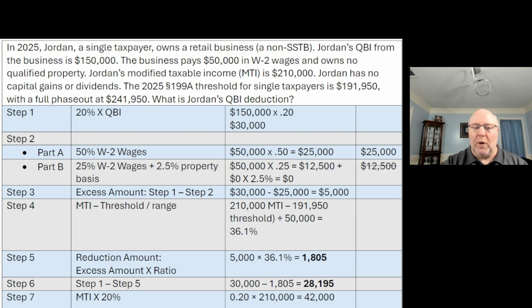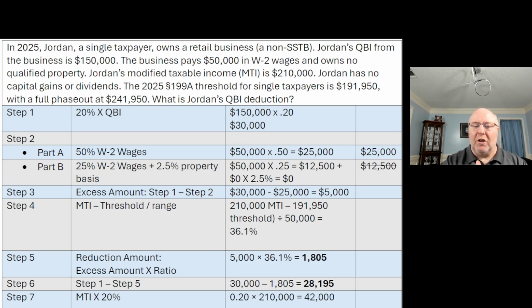$1,805. So we will reduce our 20% of QBI, which was 30,000, by the amount in step 5 of 1,805. So now we have a QBI deduction of $28,195. Then our last step every time has been 20% of modified taxable income, because that has been our ceiling.